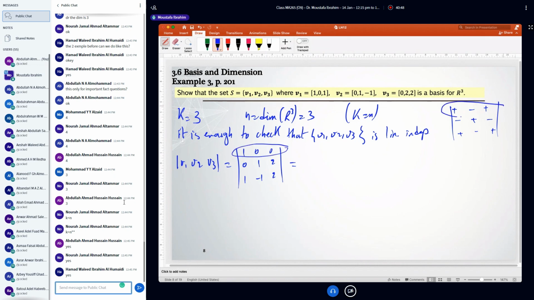For 1, we don't change the sign, and the zeros we don't care about. So we get 1 times 2 minus 1 times 2. So you see, it's very fast. We get 2 plus 2, 4, different than 0.